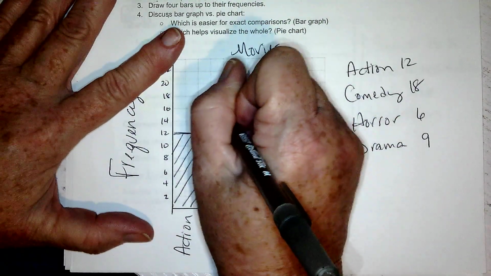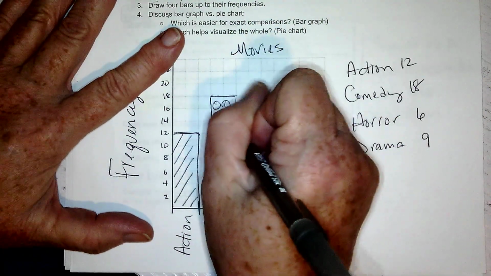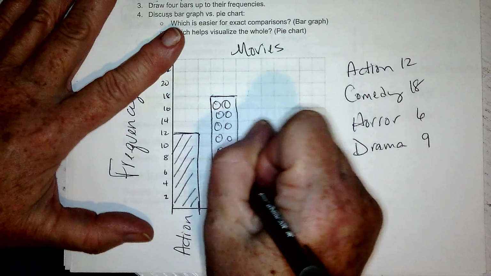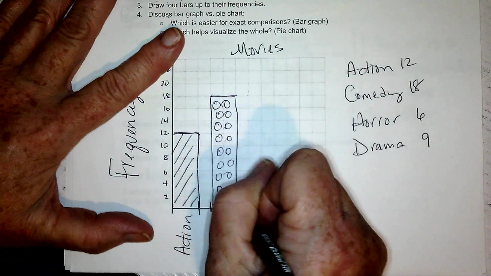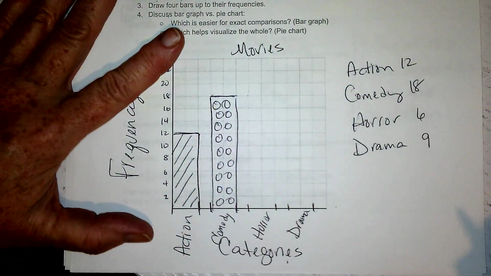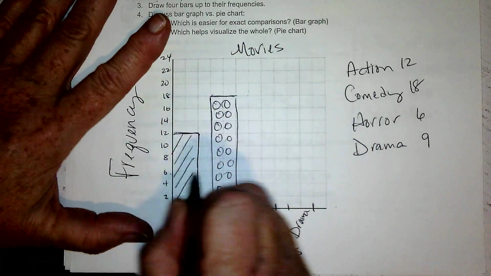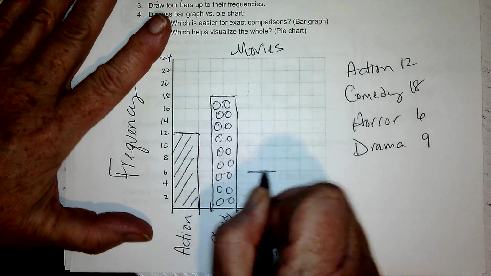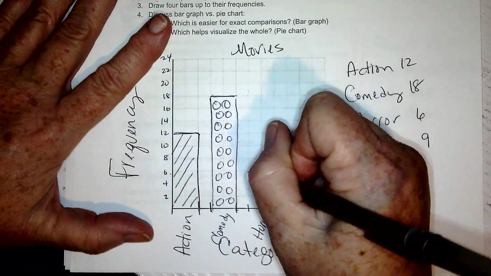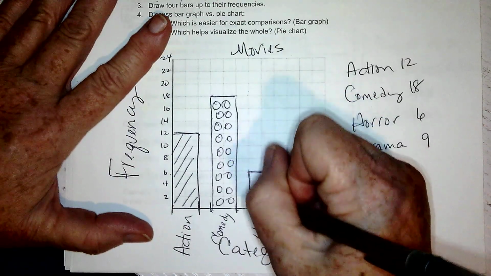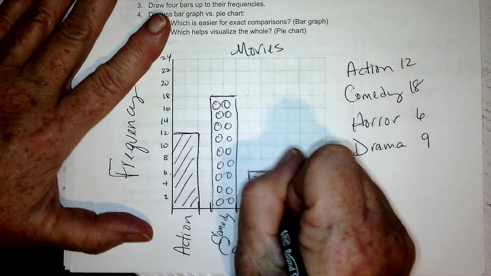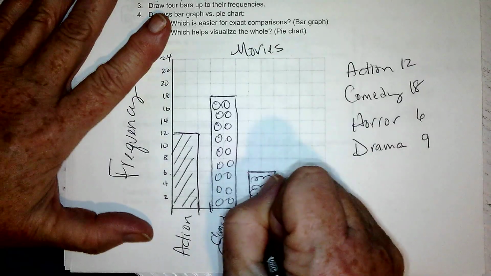So there is my representation. I'm just having fun right now of my bar representing comedy. Horror has 6, so right here, drop that down. All right, there's my bar for horror.